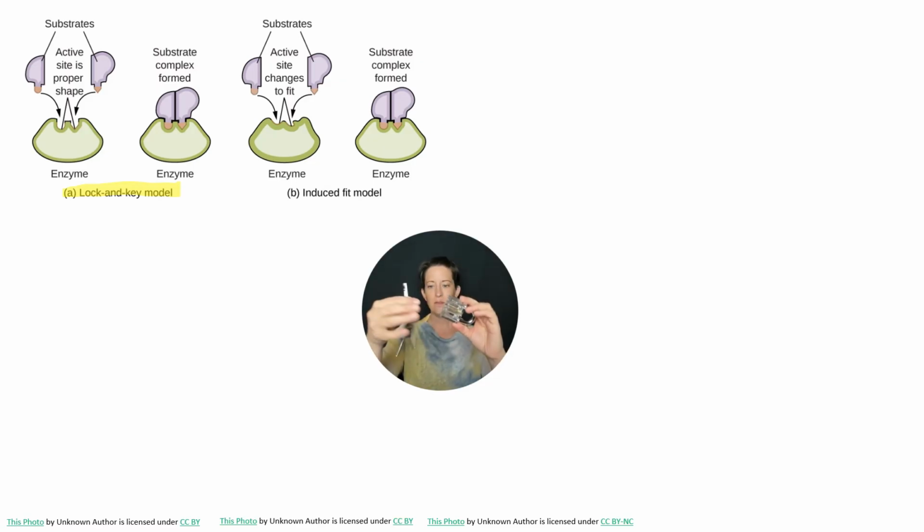Even though I could slide the key in there, it's got different tongues or grooves. You can think of those as different functional groups or different branches, and it might fit, but it's not the right branching. So even if we take a different key, it's not going to fit.